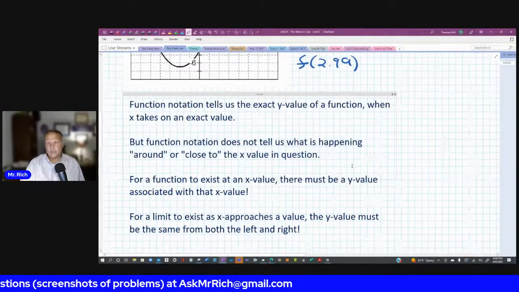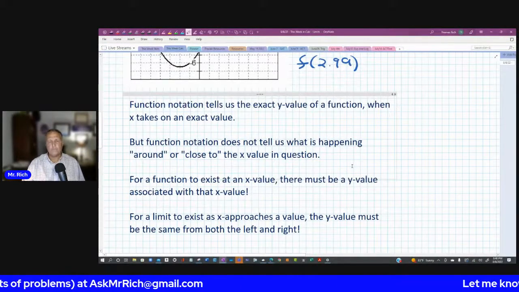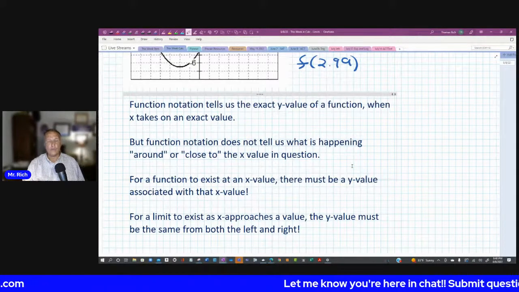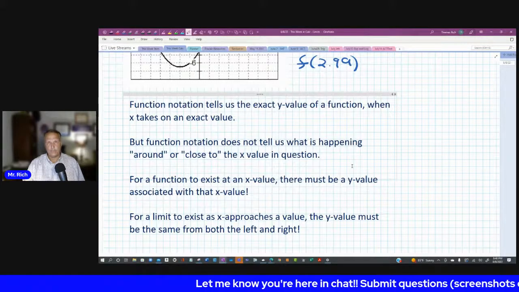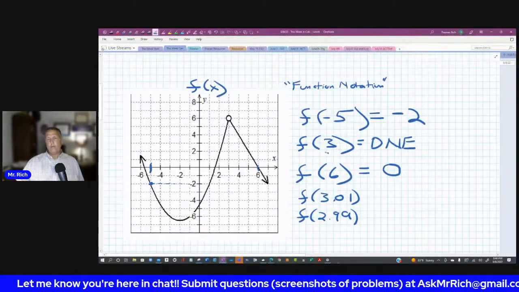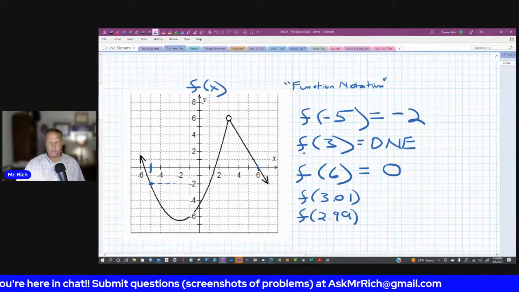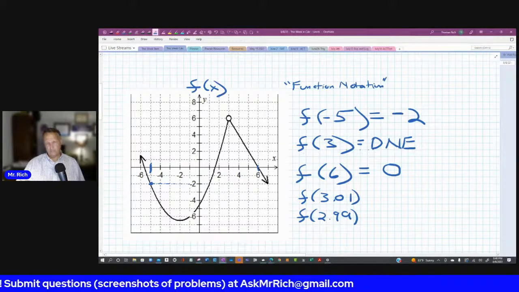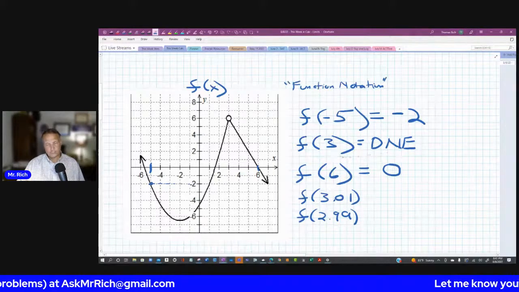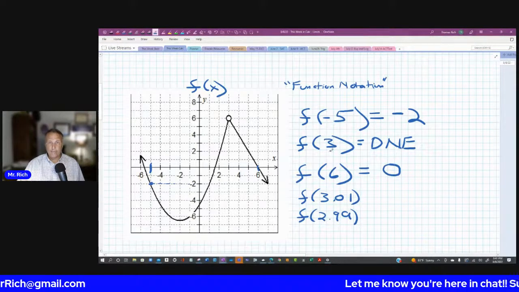Now, next point I want to make. It is true that function notation does not tell us what's happening around or very close to the x value in question. I pointed that out by saying that for the function f of 3, at x equals 3, the function does not exist. It doesn't have a y value exactly at 3.